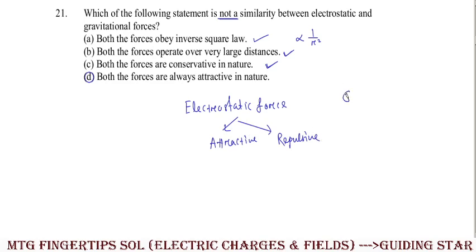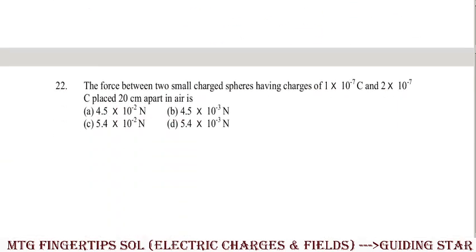But gravitational force between two masses is always attractive. कोई भी दो मास आप ले लो, उनके बीच में जो फोर्स रहेगा वो दैट फोर्स विल बी ऑलवेज अट्रैक्टिव इन नेचर.